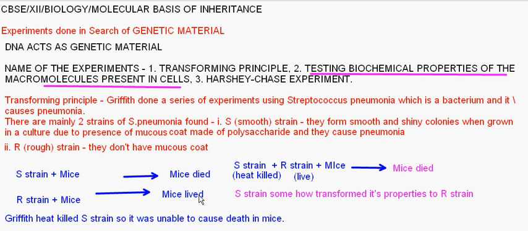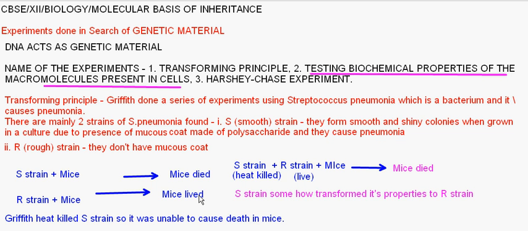They also introduced RNases, that is RNA-degrading enzymes, and proteases, protein-degrading enzymes, in the cells of S strain as well as R strain. In this experiment, still they found that the transformation occurs and the mice died.